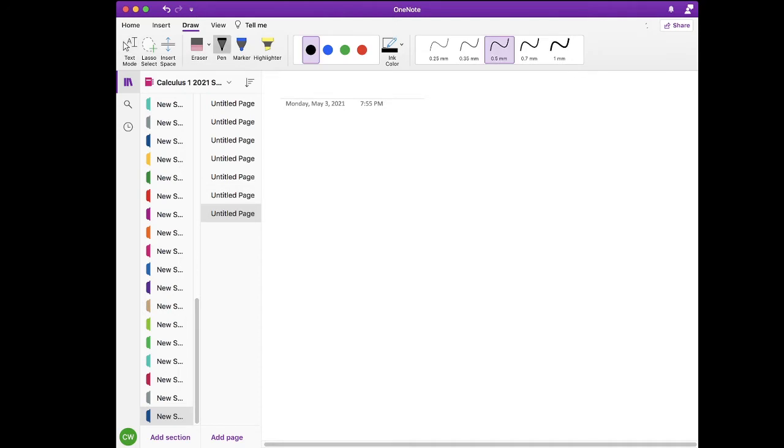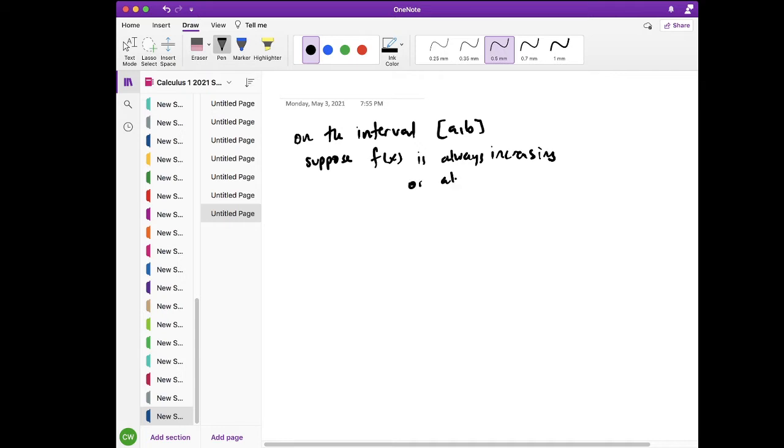Okay, let's say we're on an interval AB. Let's suppose f of x is always increasing or always decreasing on the interval.